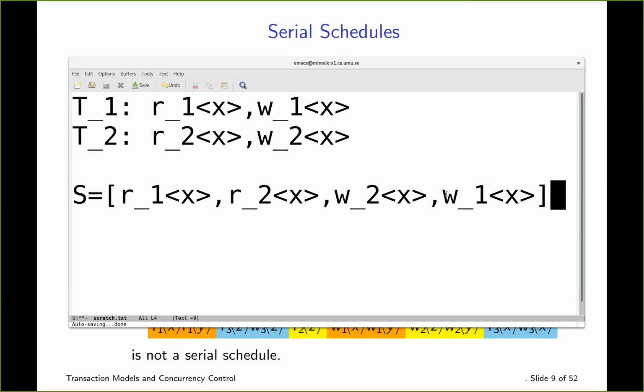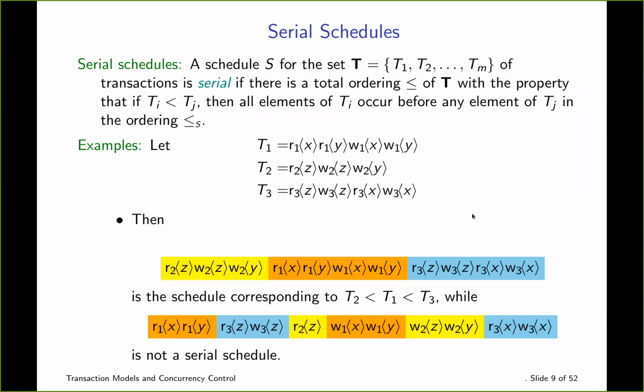Had it been that, that is a serial schedule, with 1 going first and then 2 going. So this schedule down here is not serial. This is a schedule where things are being intertwined.